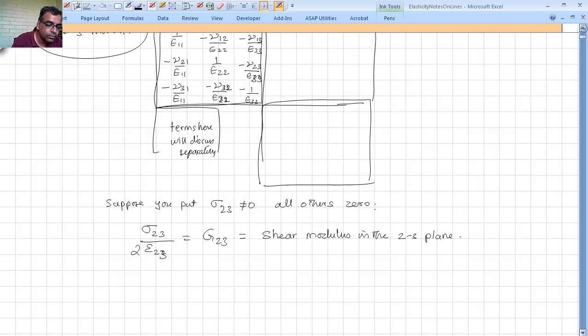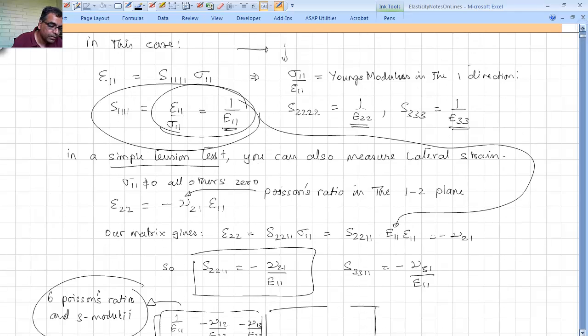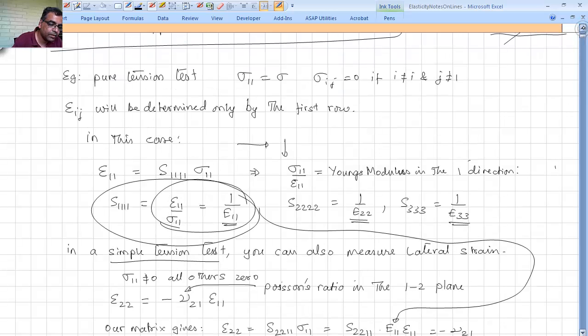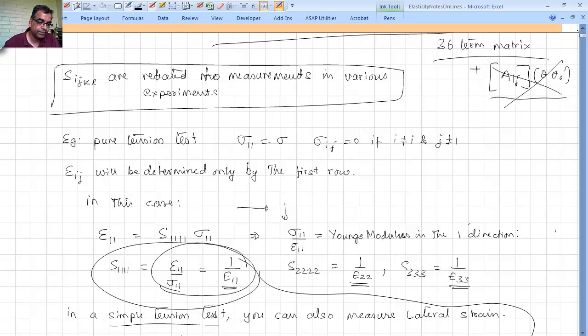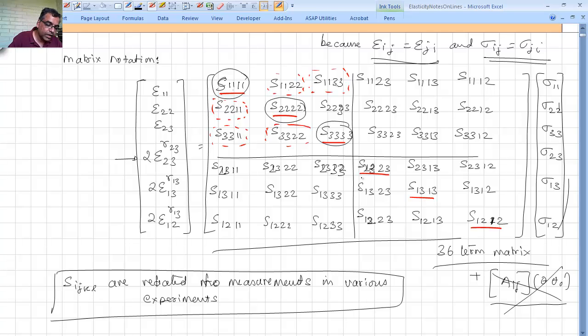So these terms, where is that? There's my matrix. Yeah. So these terms are the 1 over the shear moduli. These things are the equivalent of Poisson's ratio for shear.